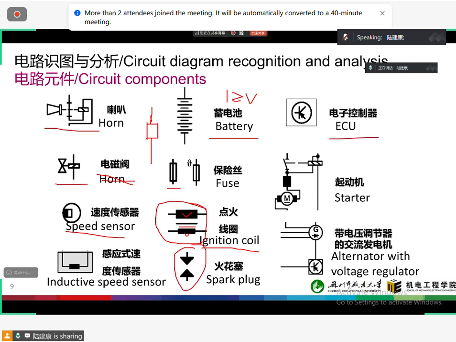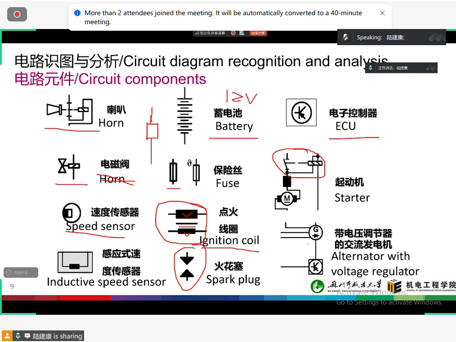And this is the ECU, engine control unit. And this is the starter. M means motor. So this is the starter. Normally, this is an assembly. It will contain the starter and the starting relay.